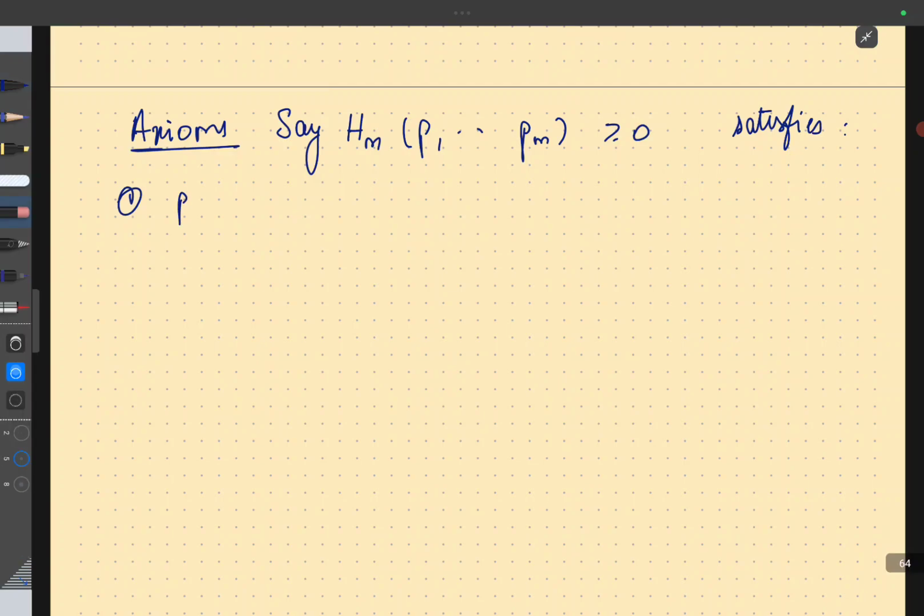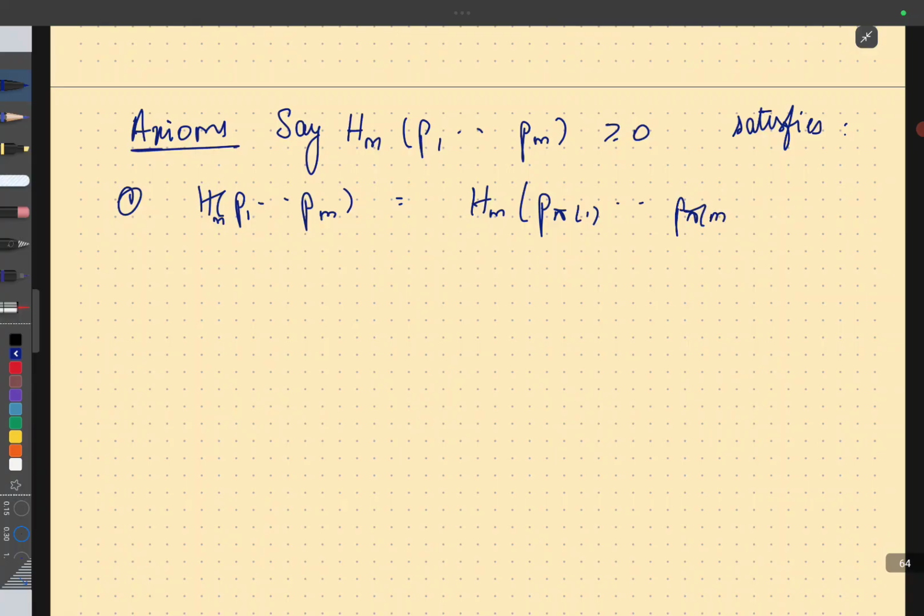So in other words, H_m of p1 through pm is equal to H_m of p_pi(1) up to p_pi(m) for any permutation pi. We've already seen that entropy satisfies this property.